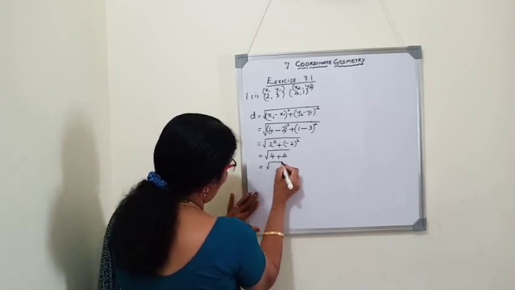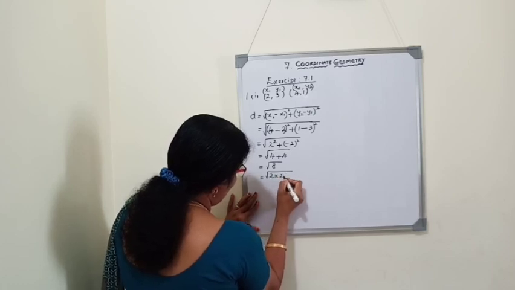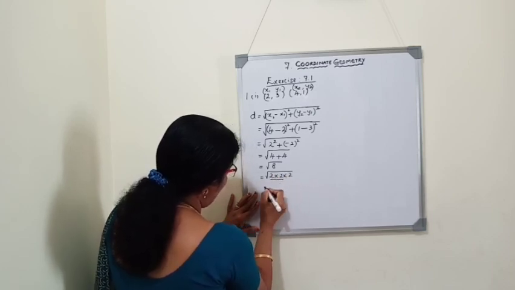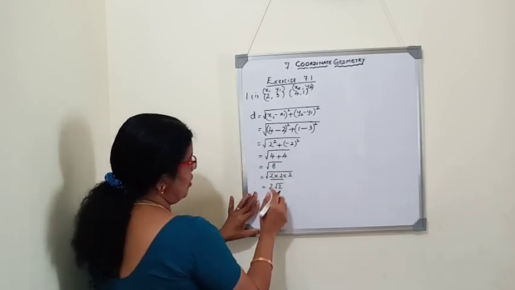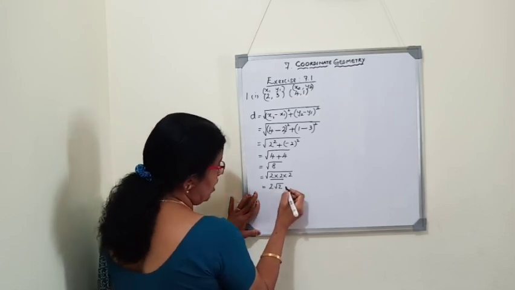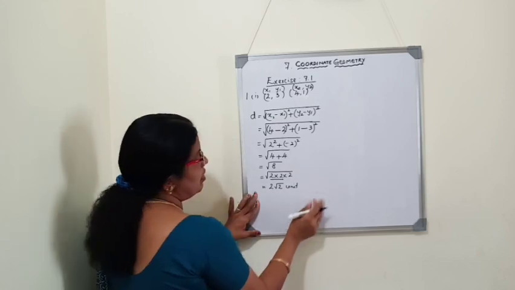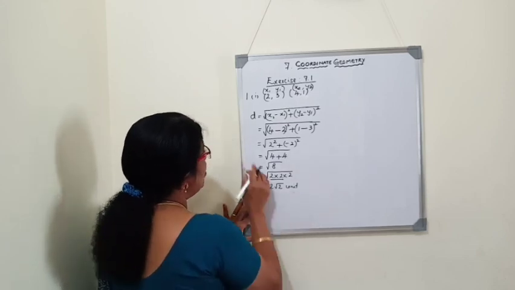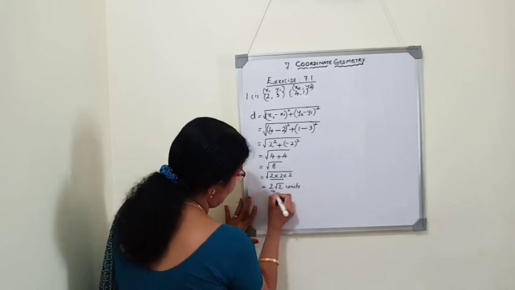It is square root of 8. You can simplify square root of 8 as 2 into 2 into 2. From two similar numbers, we will take one number out. So, 2 root 2. Distance between these two points. Here in this chapter, we won't use the unit as centimeter. We will write it as just unit because we are doing all these sums in a Cartesian plane. So, the distance between these two points is 2 root 2 units.